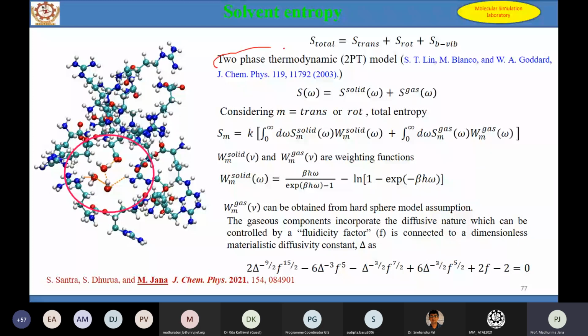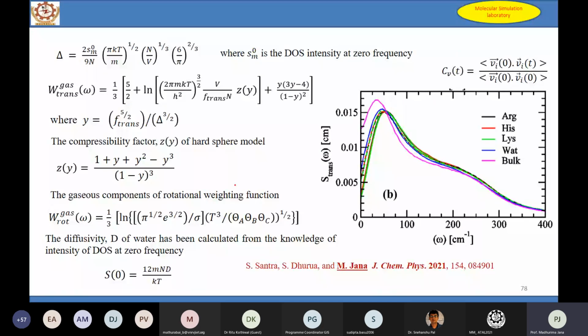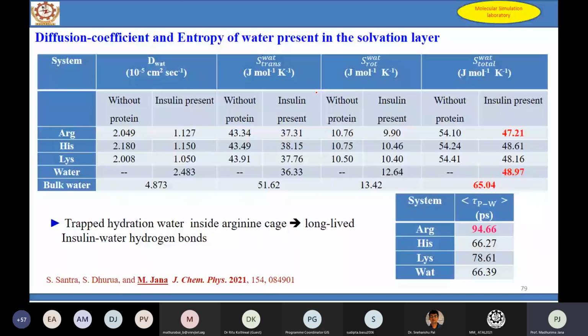And here you can see how these simple water molecules form chain hydrogen bonds with the surrounding amino acid molecules. We can also calculate the low frequency vibrational spectrum to know how the spectra of the surrounding solvent molecules change. We also made a correlation that there is a good correlation between the diffusion coefficient and entropy of the solvent around the protein to stabilize the protein.